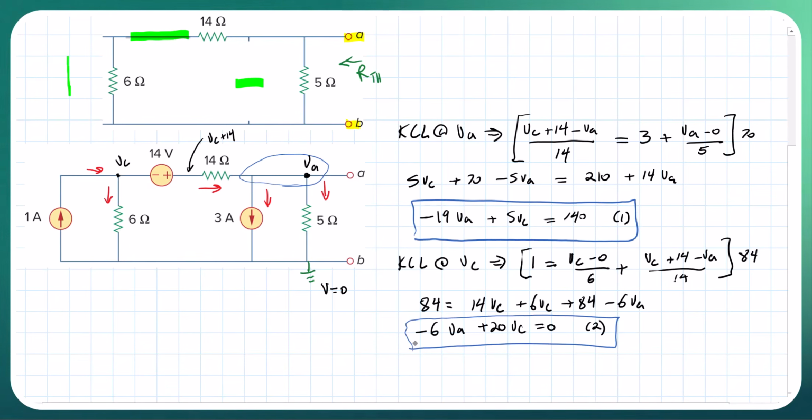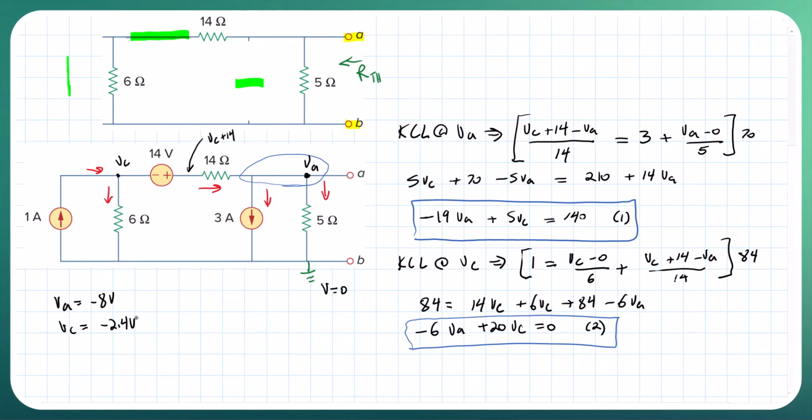Plug this into our calculator, and then what we'll get is VA is equal to minus 8 volts and VC is equal to minus 2.4 volts.